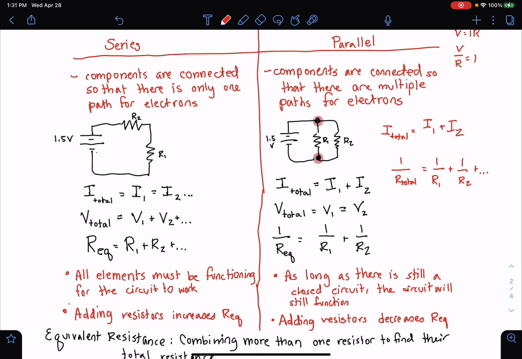Okay, and that's just because of that reciprocal relationship that we have. Because it's 1 over REQ, the bigger you make this side, the smaller REQ is going to end up being. Okay?